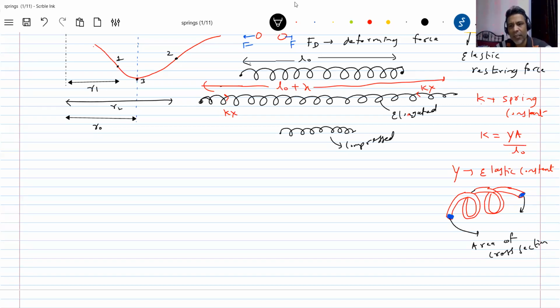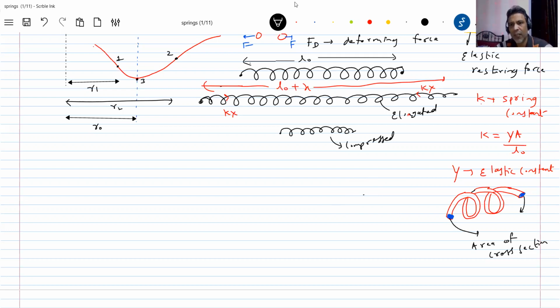Suppose the radius of the spring is R and there are 100 turns. L naught is not the number of turns into 2 pi r. This is not L naught. L naught is the physical length of the spring, not the length of the wire.